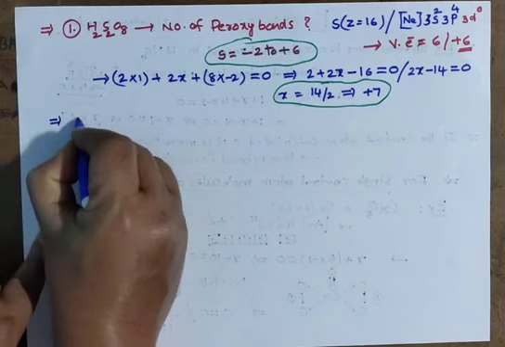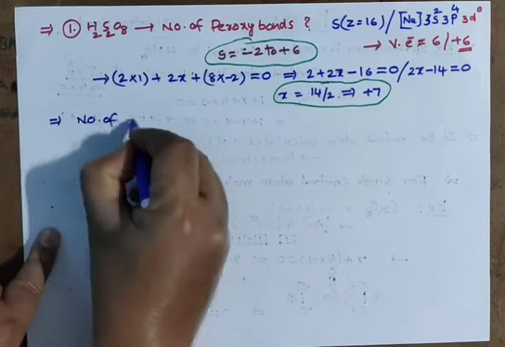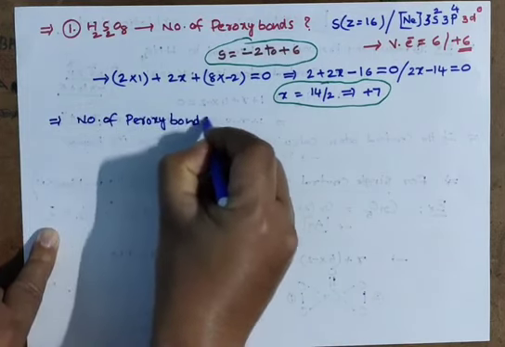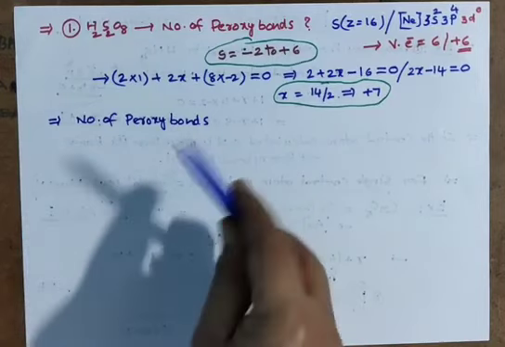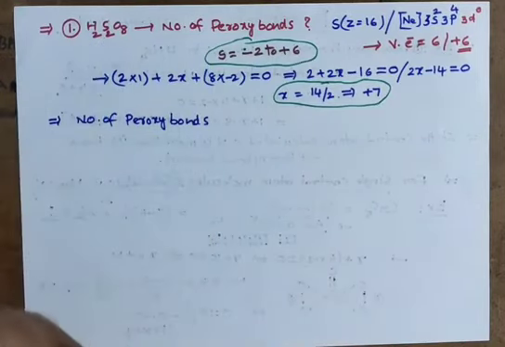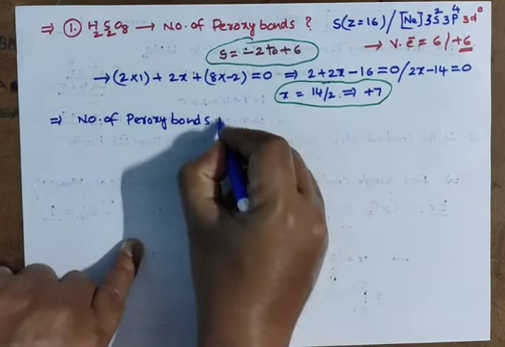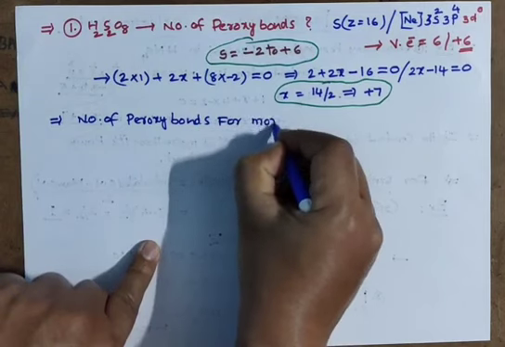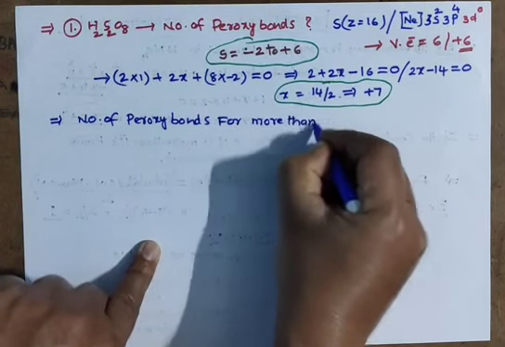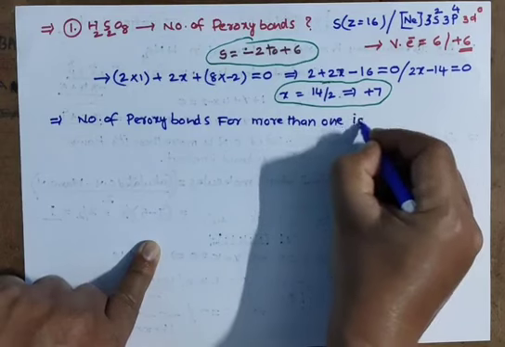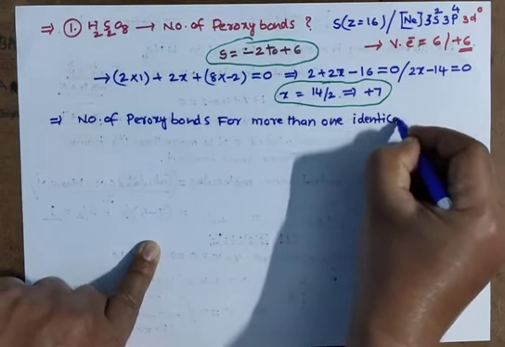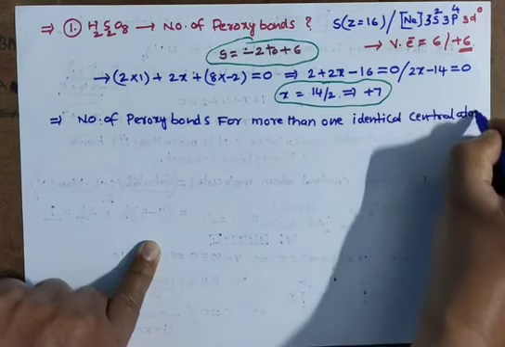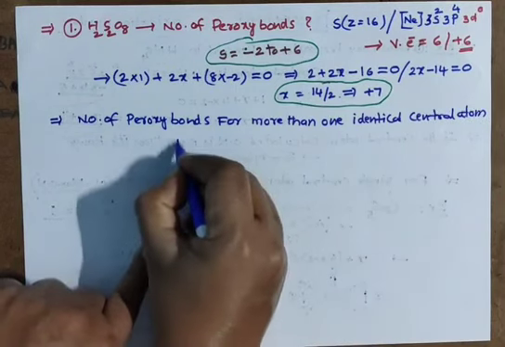Now, the number of peroxy bonds. See here, previously there was a single central atom. Now two central atoms are there. Number of peroxy bonds for more than one identical central atom present.